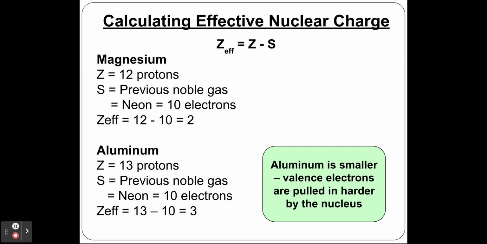And so they're going to be pulled in closer to the nucleus. And so aluminum would be smaller than magnesium because magnesium's effective nuclear charge is not as big, so it's not attracting the electrons as strongly, and so not pulling them in as close as they are for aluminum.